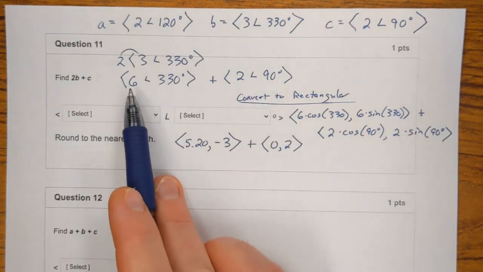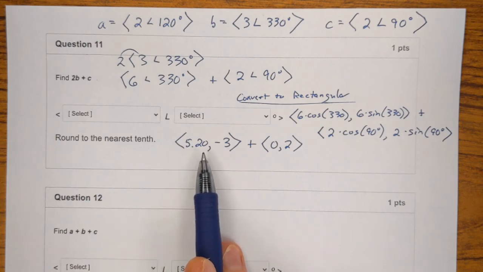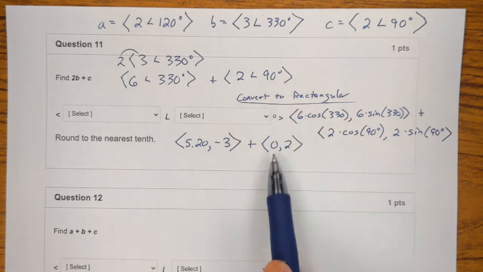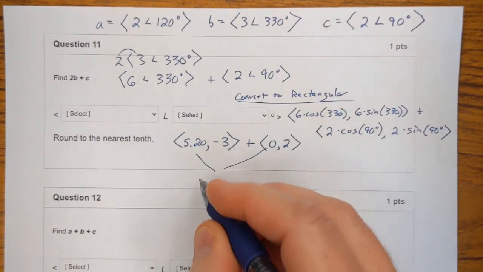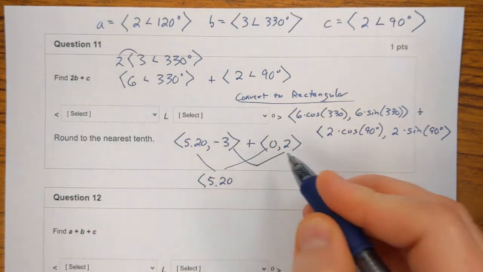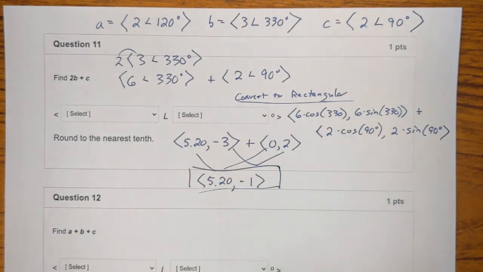This 6, 330 degrees converts to 5.20 comma negative 3. This 2 and 90 degrees converts to 0 comma 2. And so then you add these together. So here is the answer in rectangular coordinates.